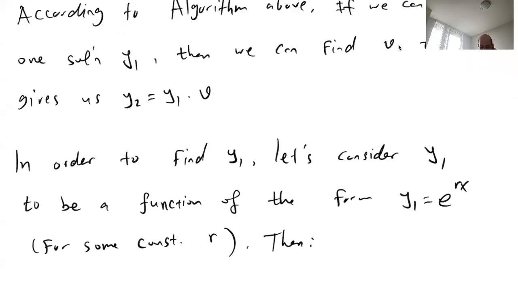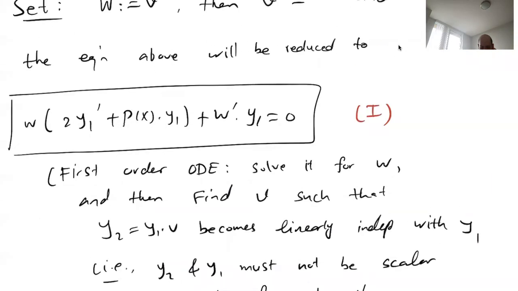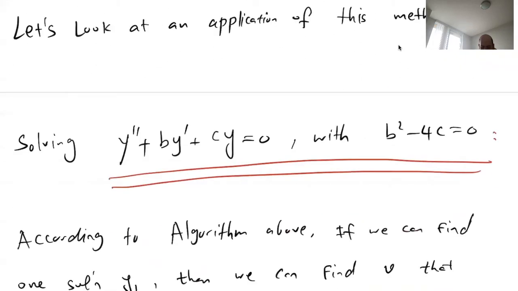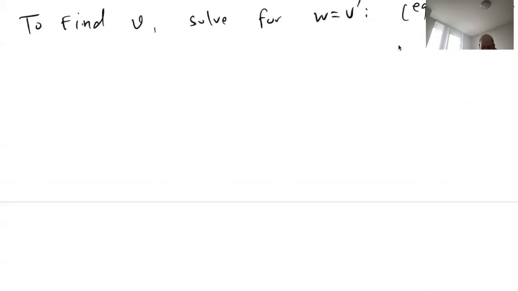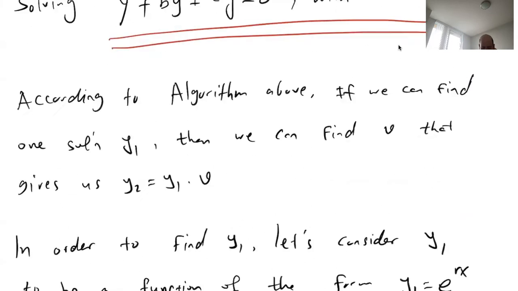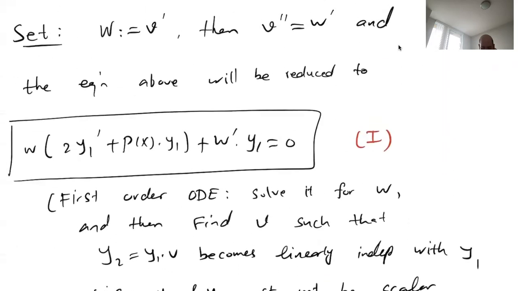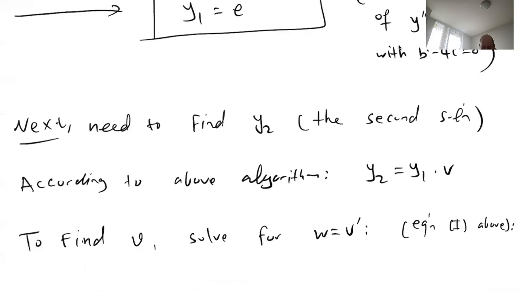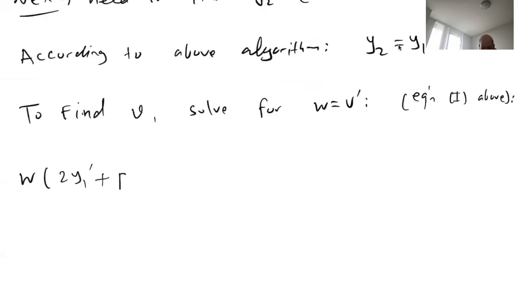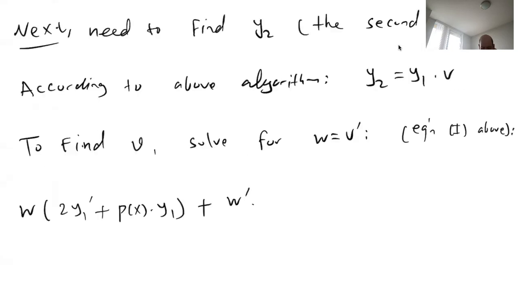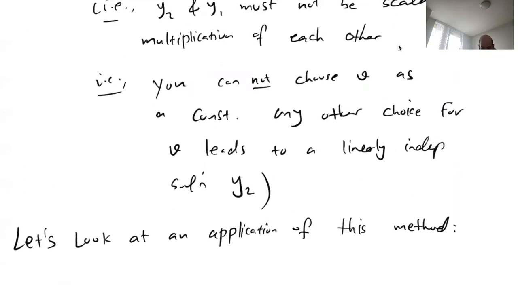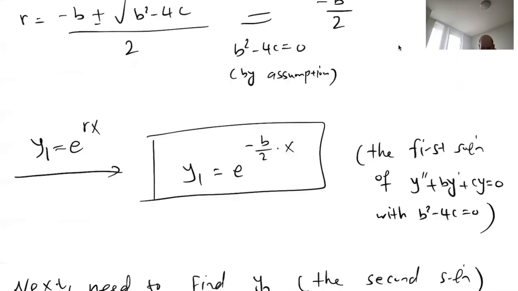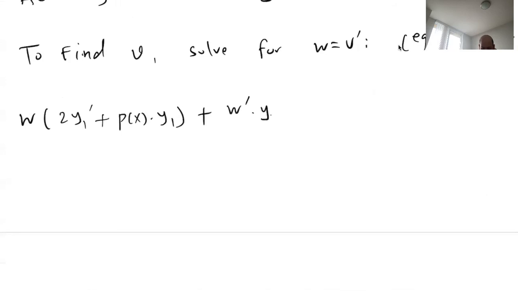Equation 1: w times 2y1 prime plus p of x times y1 plus w prime times y1 equals 0.